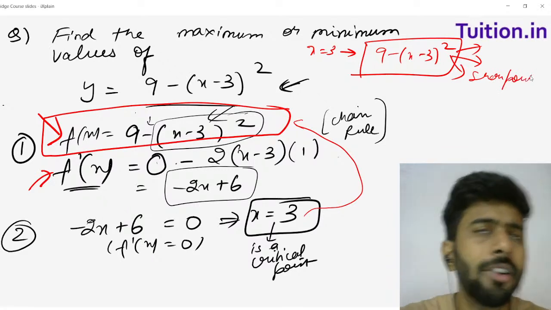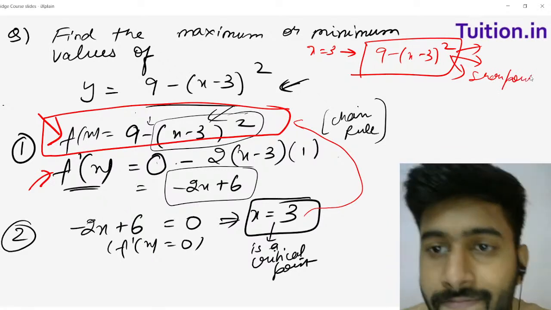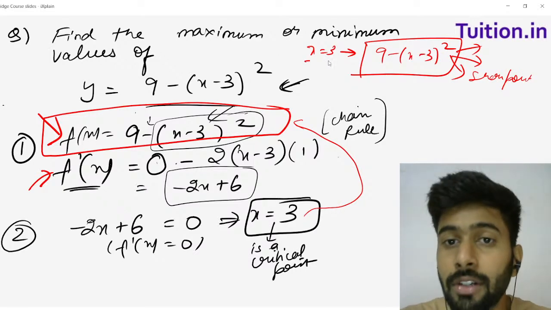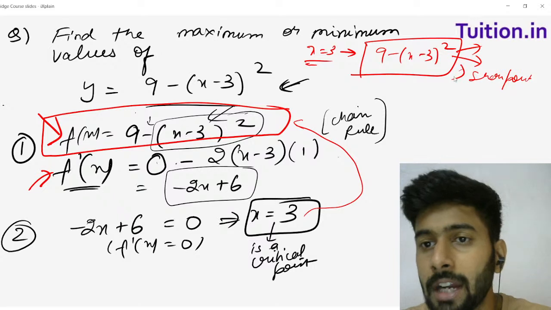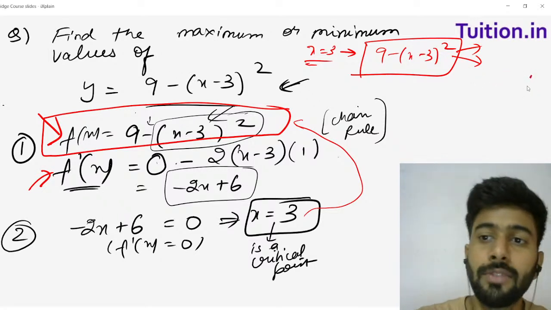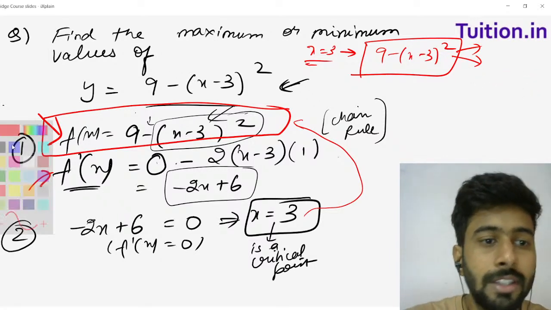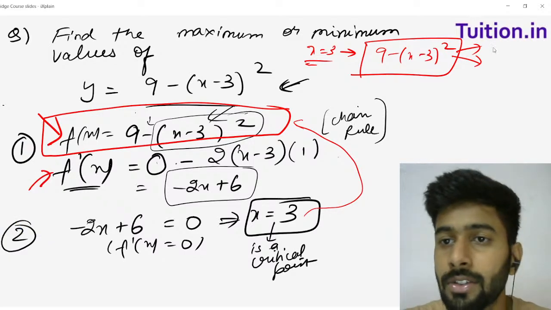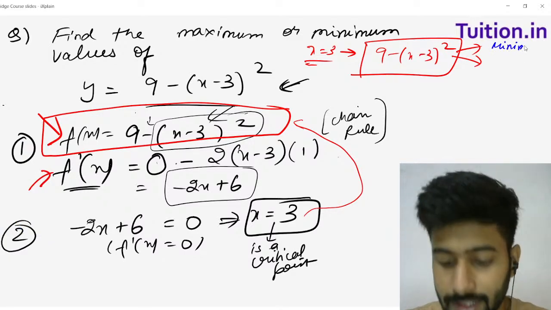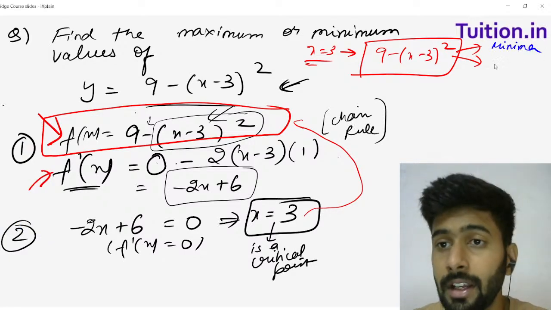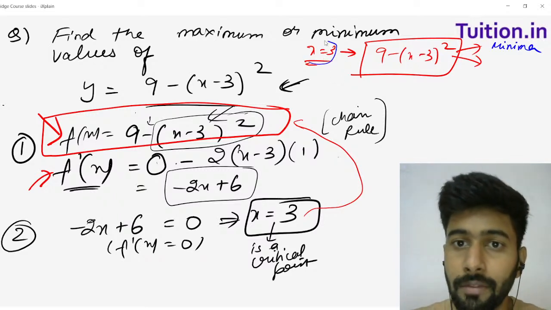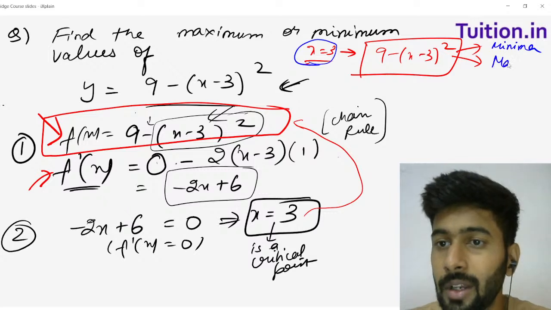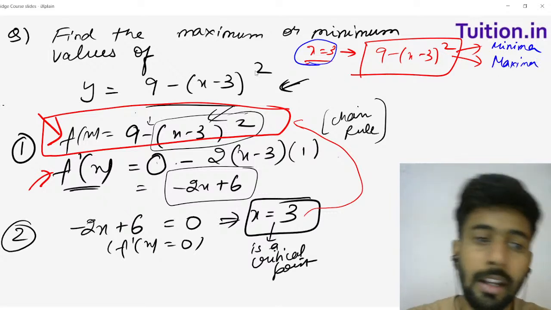I mean to say this x equal to 3 could be a sharp point, but you don't care about that right now. Please forget about it. You will see that in mathematics. So for now, because you are studying physics and you are in the beginning, only two things will happen for you right now. When you give x equal to 3 as input, you'll get either a maxima or a minima. Now how do you test?